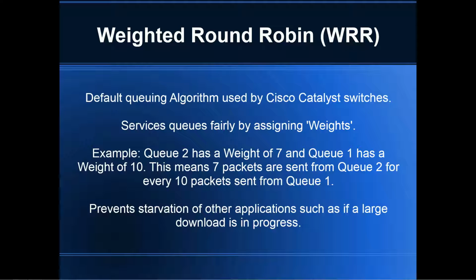So we can do a weighted round robin, so that certain queues get a higher priority or a higher weight. And so it could go 1, 1, 2, 3, 4, 5, 1, 1, 2, 3, 4, 5. Or you can queue it whichever specific way your network requires.